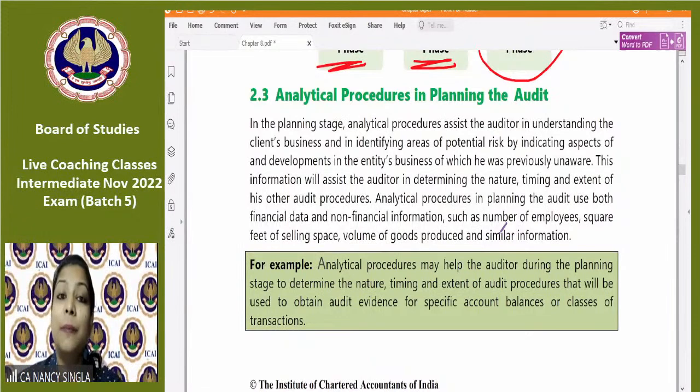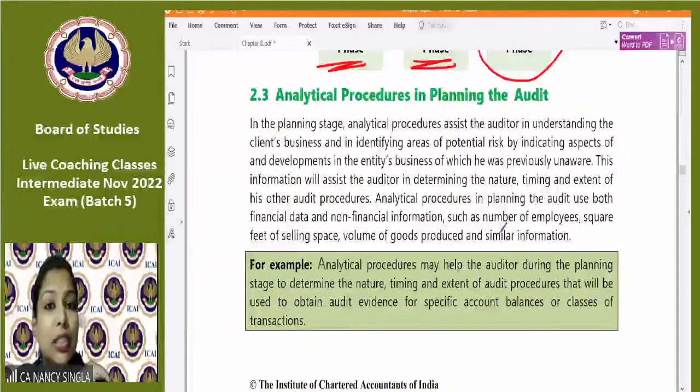For example, I gave you the example of an event management company. When the auditor was at the planning stage, understanding the entity, he found that in the corona period, the event management company has suffered a lot. Now he applied analytical procedures. He saw what other companies in the similar industry, what is the impact on their profit margins. And he developed an expectation that, okay, with respect to my client also, there should be a fall in the profit margins.